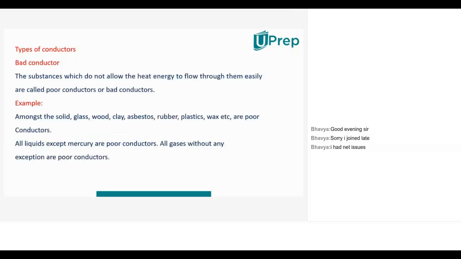Tell me again, what is a bad conductor? Substances that do not allow heat energy to pass through them easily. Right. Those are called bad conductors or poor conductors. We can call them insulators also, to understand here.